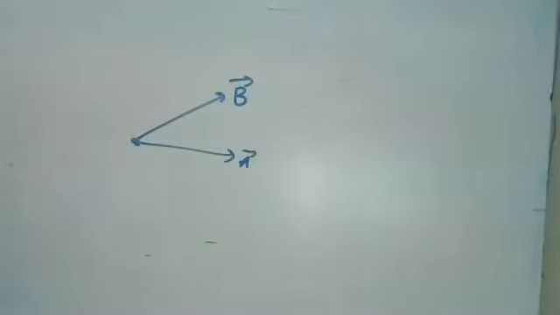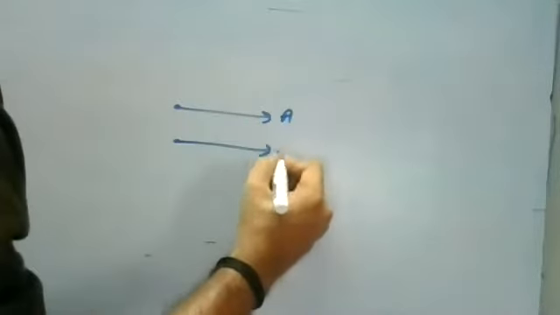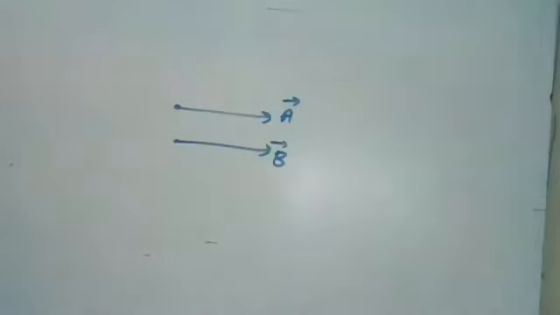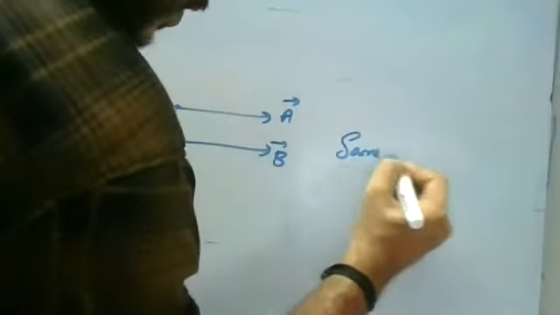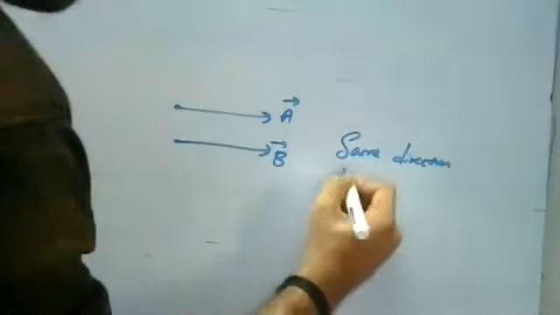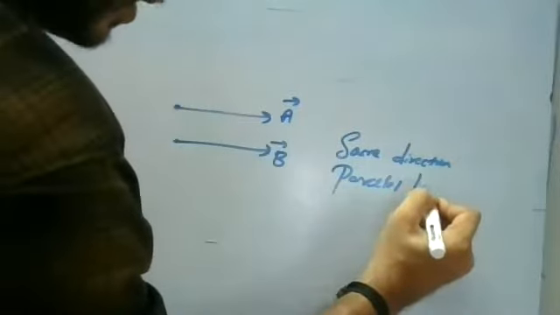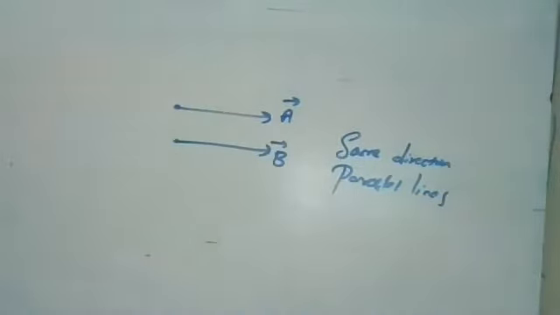Next one, collinear vectors. Taking two vectors, both vectors with equal or unequal magnitudes, whether the magnitudes are the same or different, acting along the same line, the same direction, parallel lines.